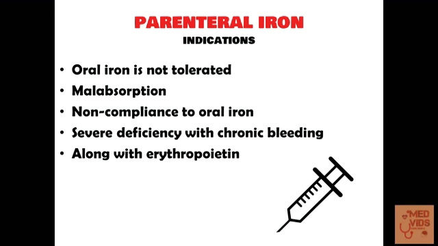If you can treat a patient with erythropoietin, it's better to supplement them with parenteral iron rather than oral iron, and it has been found that the replenishment of iron stores in the body was quicker when erythropoietin is supplemented with parenteral iron rather than oral iron.